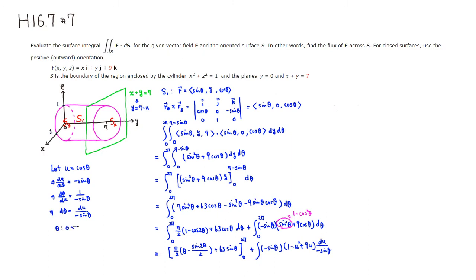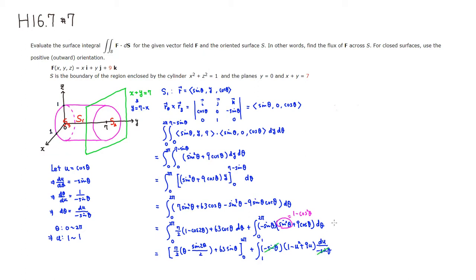So when theta goes from 0 to 2 pi, the u is going to be, plug in 0, cosine of 0 is 1. And the cosine of 2 pi is going to be 1. Actually, it's going to go from 1 to 1, which is kind of nice.